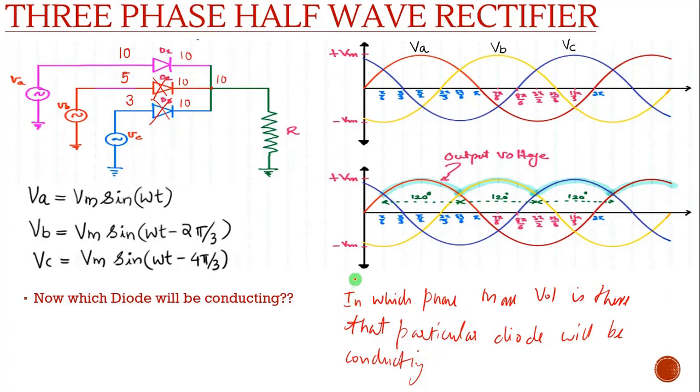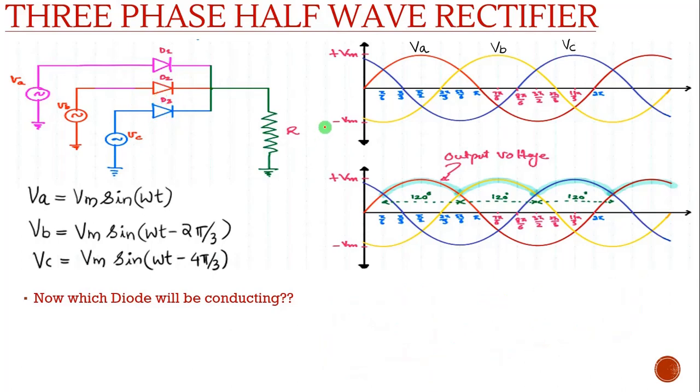This is an important rule of thumb in the case of 3-phase. Understood? I have told that the phase having maximum voltage, that diode will be conducting, right?